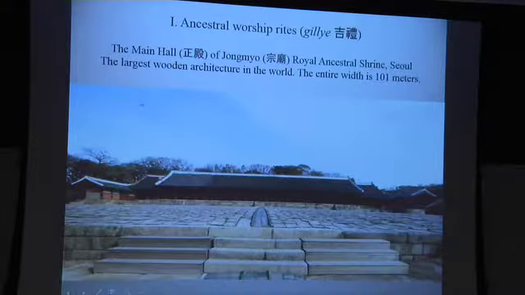This one is the front view of Chongmyo, and the current Chongmyo building is the largest existing wooden structure in the world, and the front width is 101 meters, so it's about 112 or 13 yards.